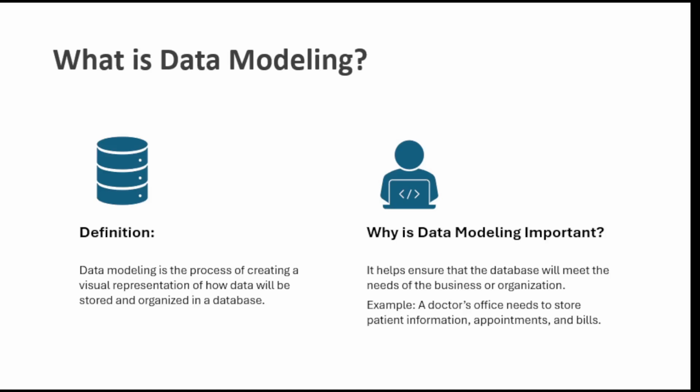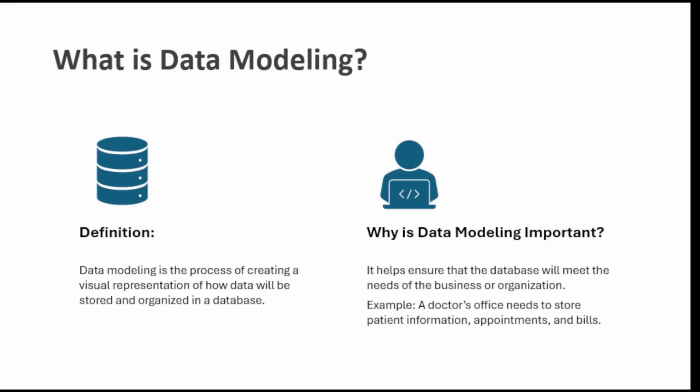Data modeling is the process of creating a blueprint for how data will be stored and organized in a database. Think of it like designing a house before building it. You need to know where the rooms will be, how they will connect, and what furniture will go where.